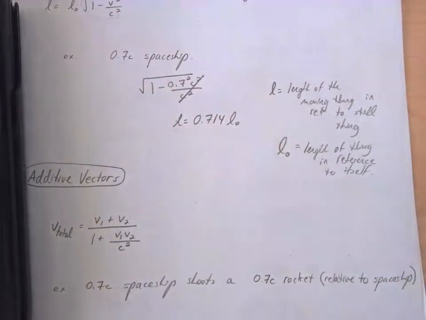So L naught is its length when it's still, and L is its length in reference to something else seeing it move.